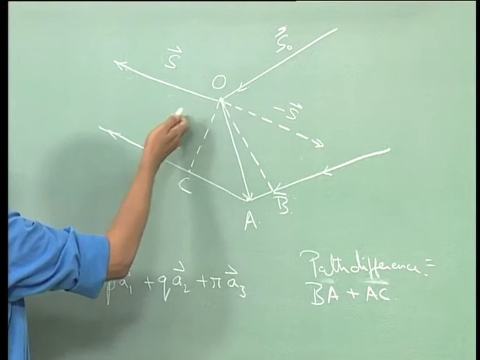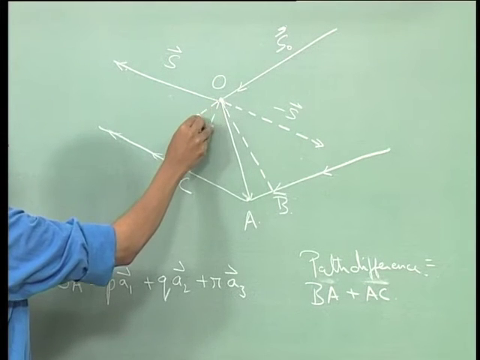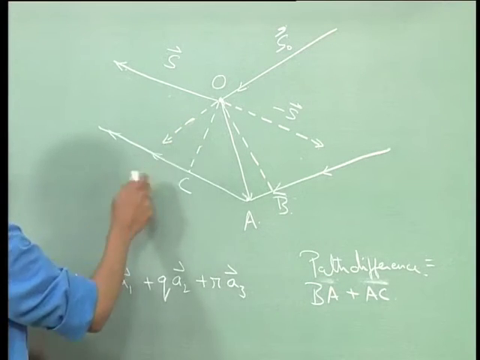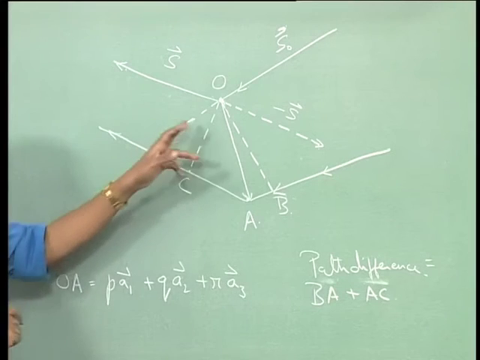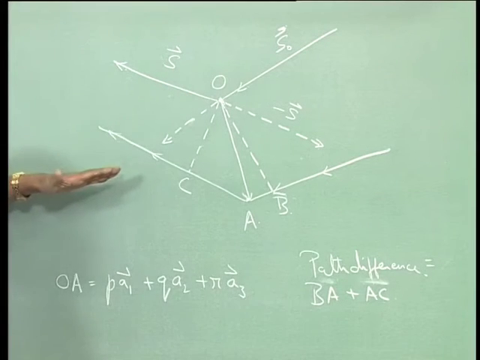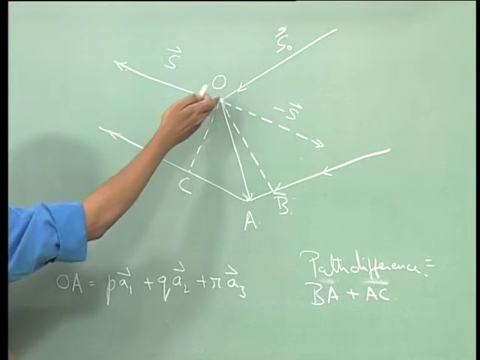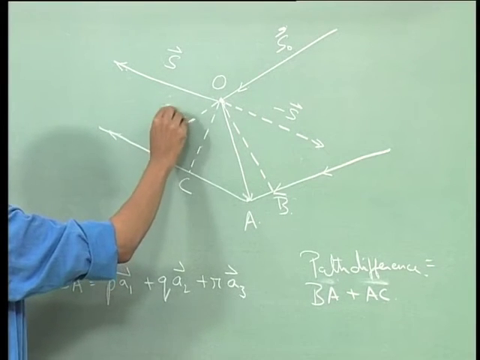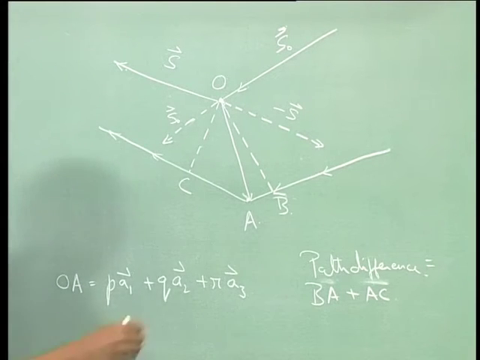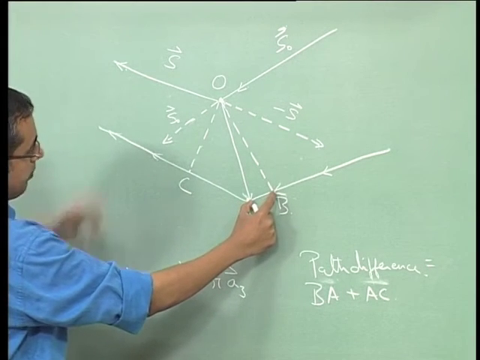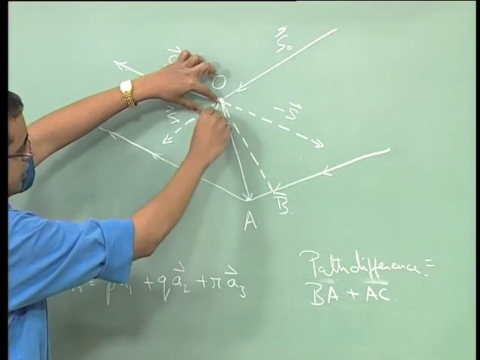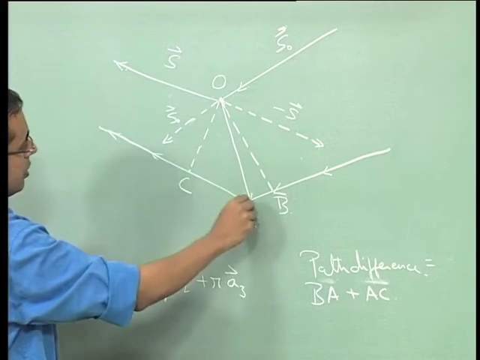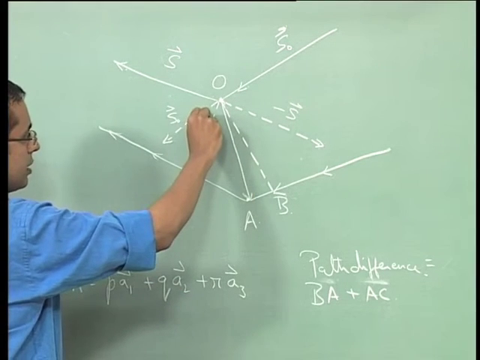If I extend this line forward, it is in the same direction as S naught. I have not changed the direction, I am continuing in the same direction with respect to the origin, and so this is still S naught. Now I will simply look at this direction AB along this. To do that I have to just draw a line parallel to this starting from here, so that will come out to something like this.